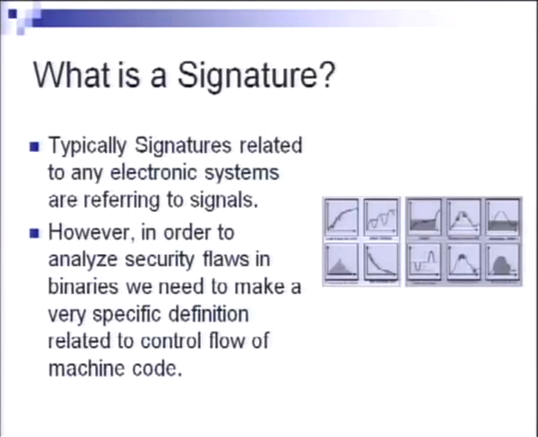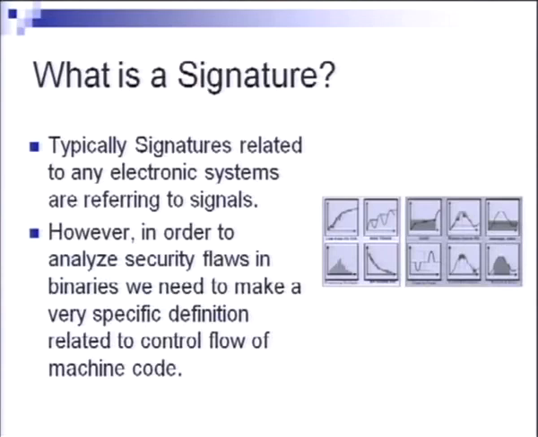Typically, signatures are signals when you think about computer systems. What you really need to think about is what a signature is: a signature is something that represents something else.